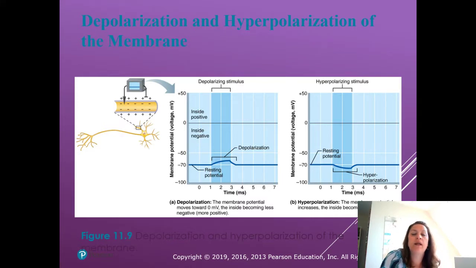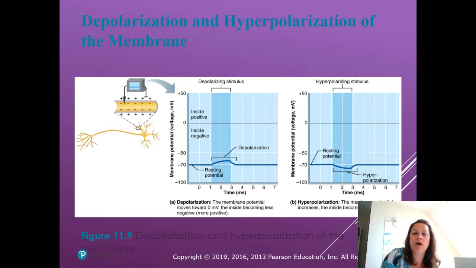On the left-hand side, we see the minus 70 go up to minus 65. What it means is inside that yellow, some of those are turning to plus, and we're lifting that negativity up a little bit. On the right-hand side, hyperpolarizing, we have the negative on the inside and the positive on the outside. We are actually contributing more negatives to the inside, increasing the negativity and bringing that down.